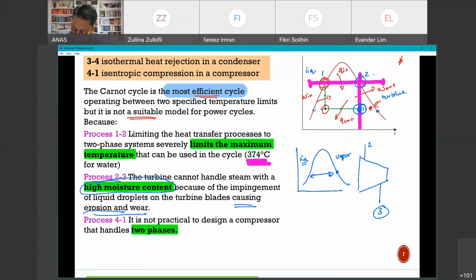In this region, it is liquid plus vapor, hence 2 phases, so we do not want that. Later on, when we look at the ideal Rankine cycle, we want our compressor to be located in the left region, outside of the dome. So these are the limitations of the Carnot cycle, which can be used to understand the maximum efficiency available for our system, but is limited for these 3 particular reasons.